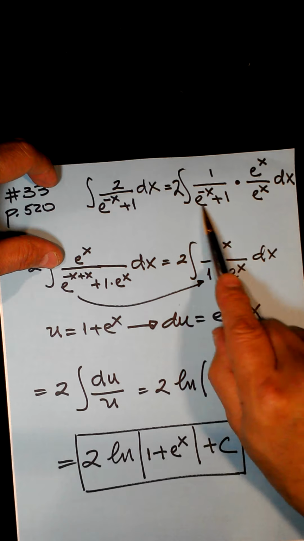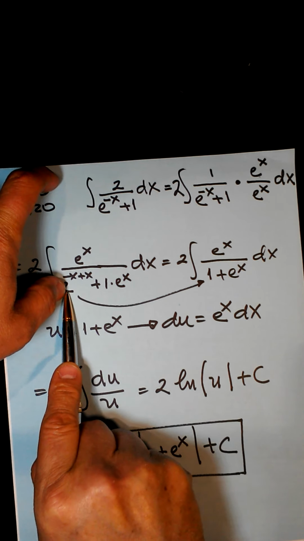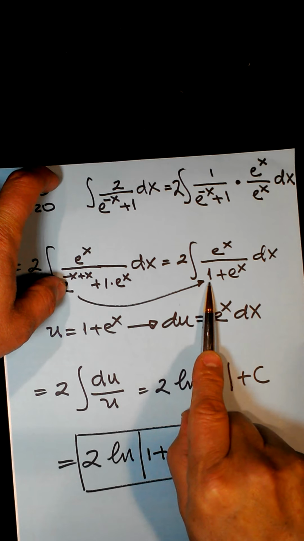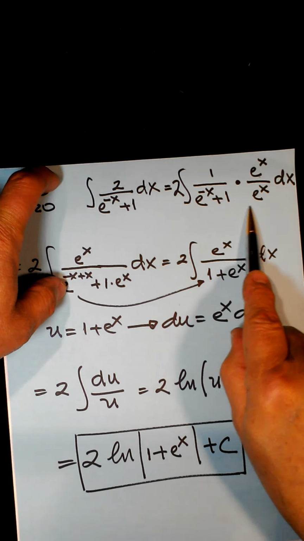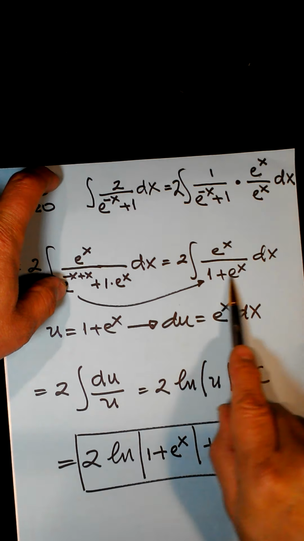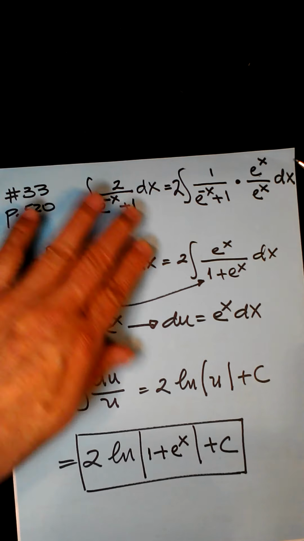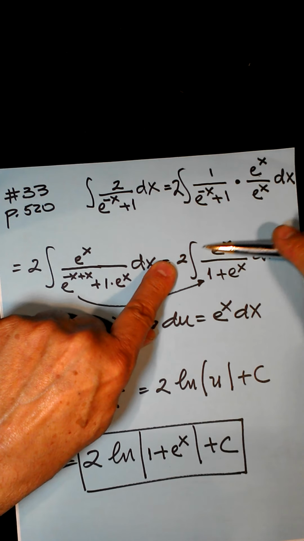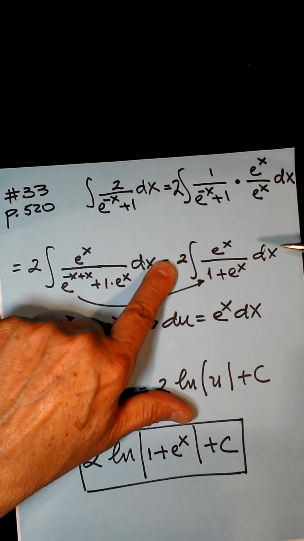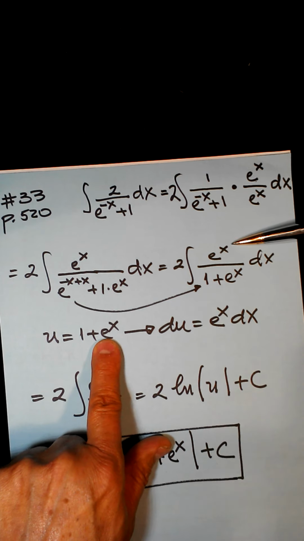Look what happens now when I multiply. I distribute, and I get e to the minus x plus x, which becomes number 1. And when I distribute this to this, it's just 1 times e to the x, so it becomes e to the x. After I do my dirty work here, I come out clean. Now I have this integral, and this piece is u, and the du gives that.